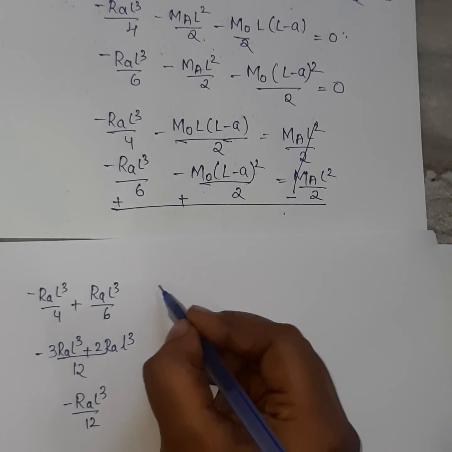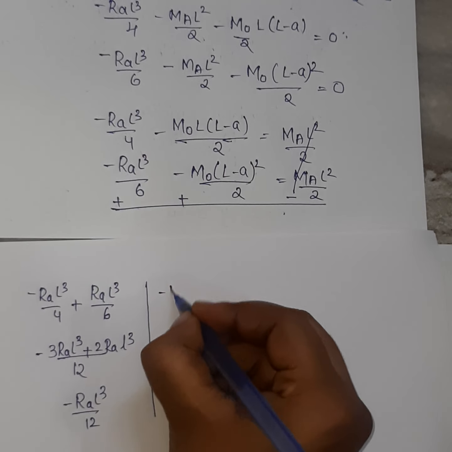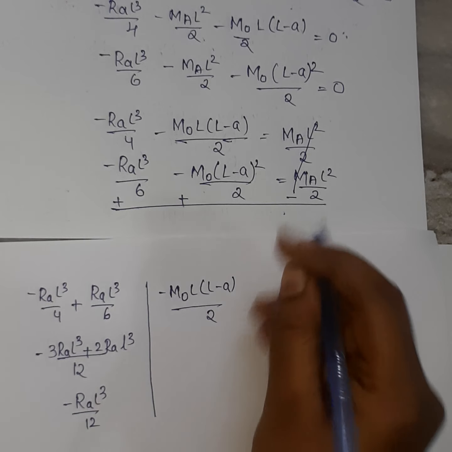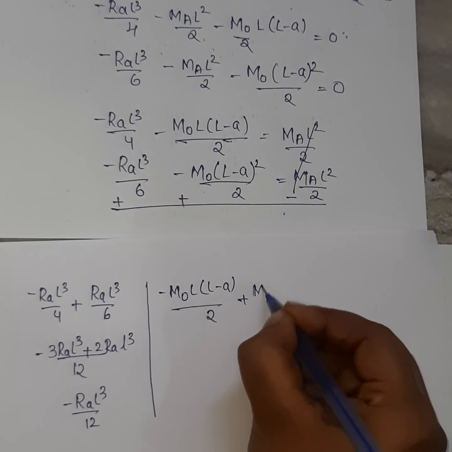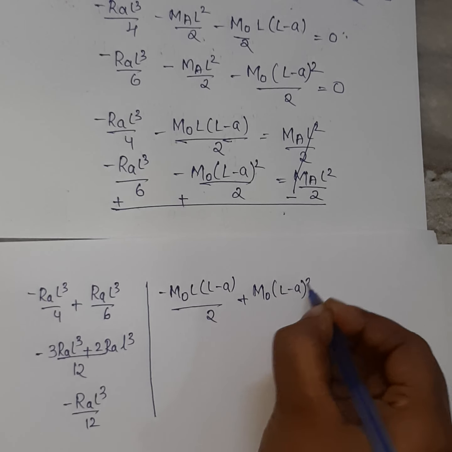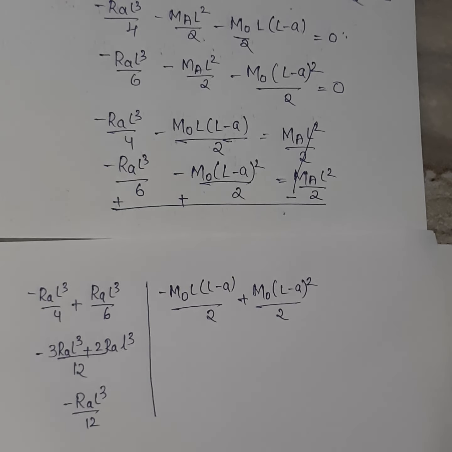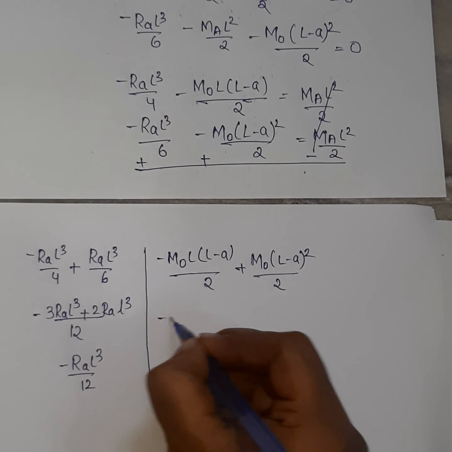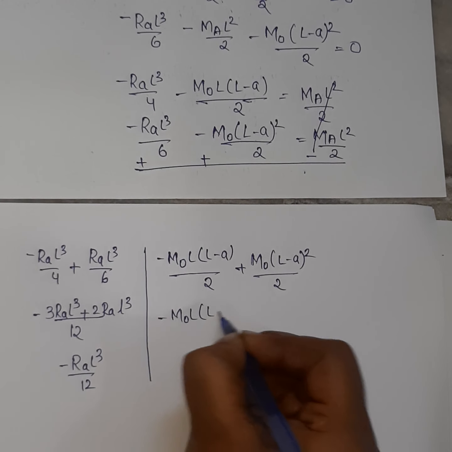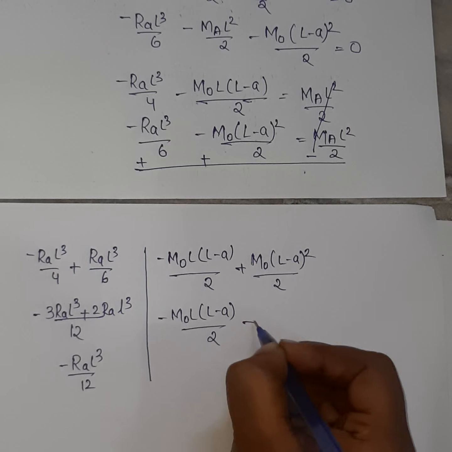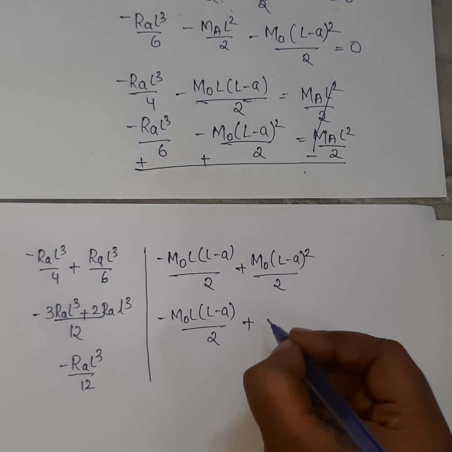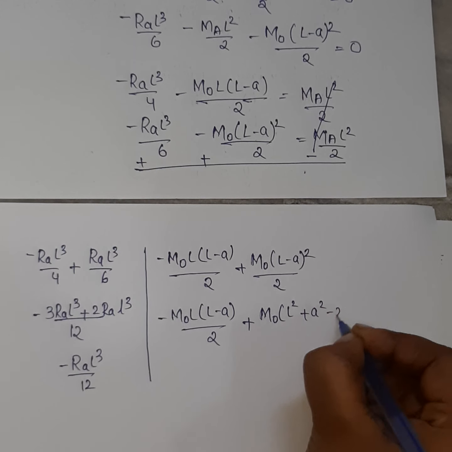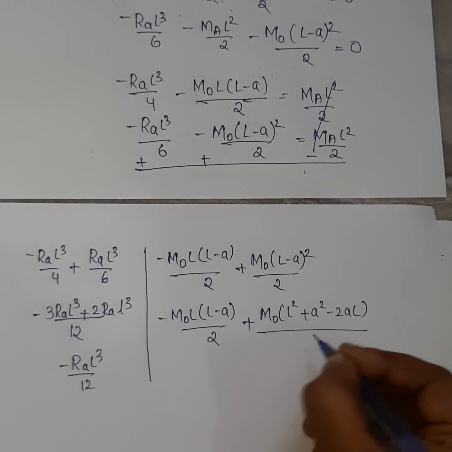Minus m naught L into L minus A by 2, this term is plus m naught L minus A whole square by 2. This is in the form of A minus B whole square, so I am writing m naught into A square plus B square minus 2AB by 2.